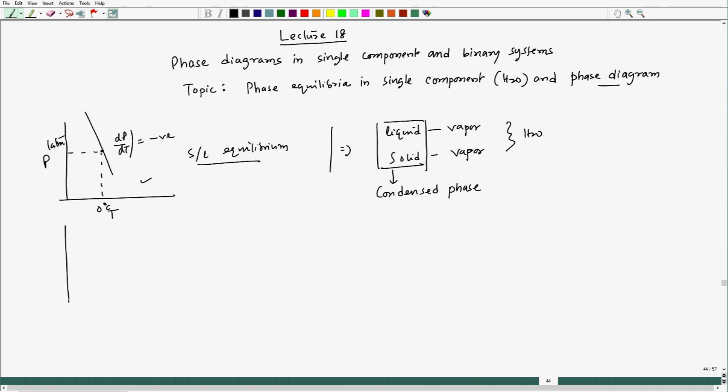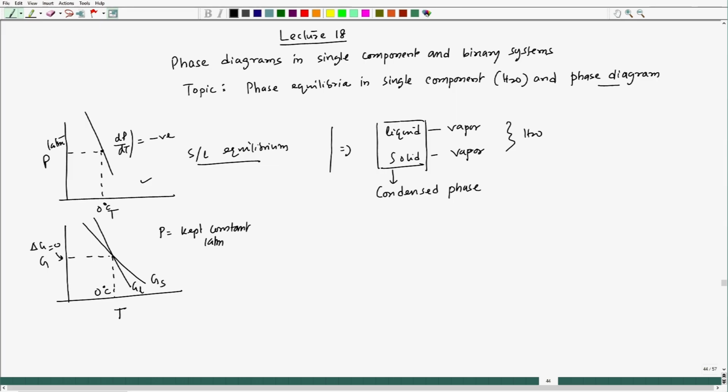We performed this by a G versus T plot, with pressure kept constant, let us say 1 atmosphere. We have seen that this is G S and this is G L, and this is my 0 degree Celsius, and at this point delta G equals 0.